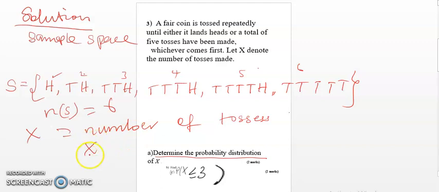But we know from the question that x is up to 5 tosses. So we have 1, 2, 3, 4, 5. Let's use the information we have now to construct the probability distribution table of x.